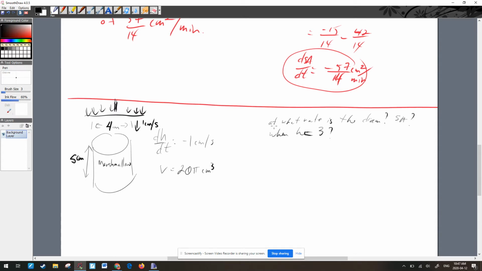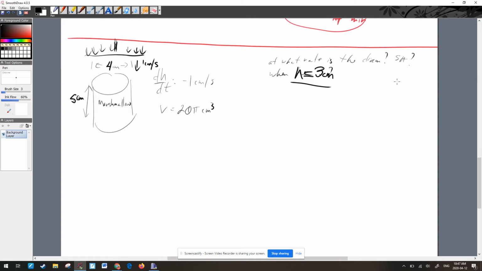Determine at what rate the diameter of this marshmallow is changing, and at what rate the surface area is changing, when the height is equal to 3 centimeters. So go ahead, pause the video, give it a whirl, and then come on back.